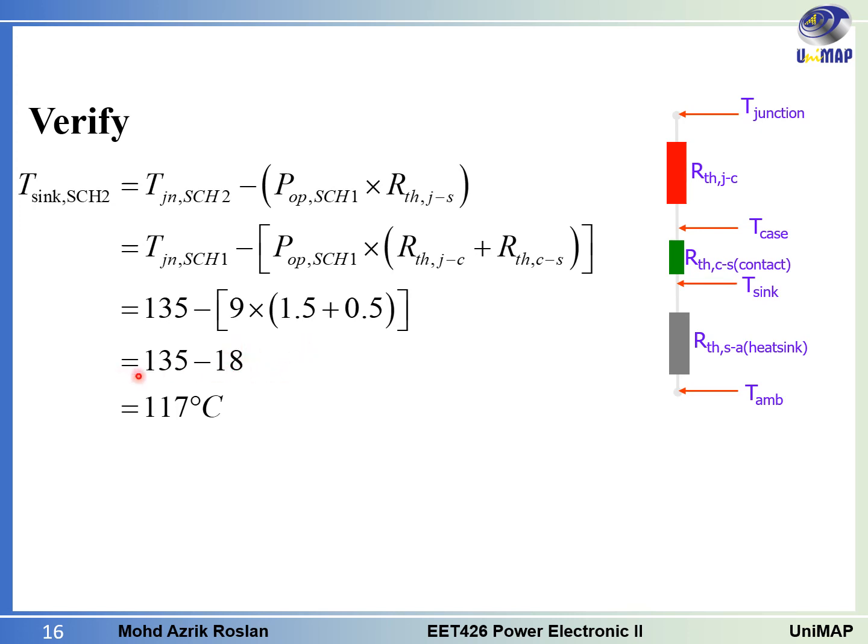So 135 minus 18 is 117. This is the same temperature that we should get for Schottky 1 and Schottky 2, because this is the heatsink temperature, which should be the same for the components that we want to put on the heatsink.